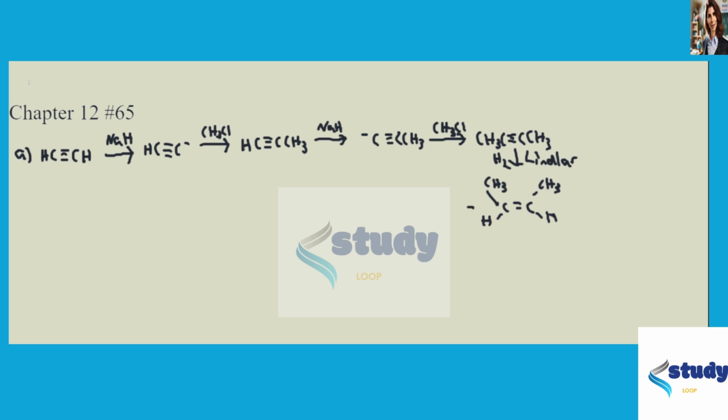Okay, and so from the cis alkene, if we treat that with MCPBA, that's going to get us the epoxide that we are asked to make for part A here.